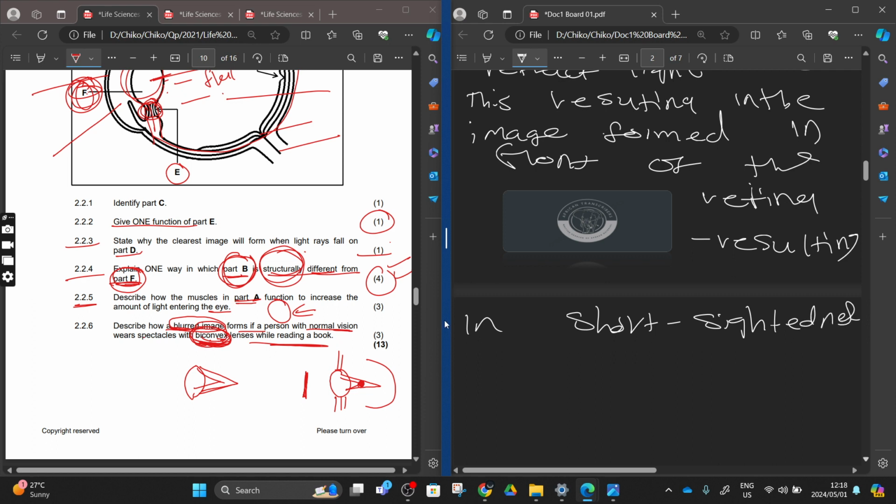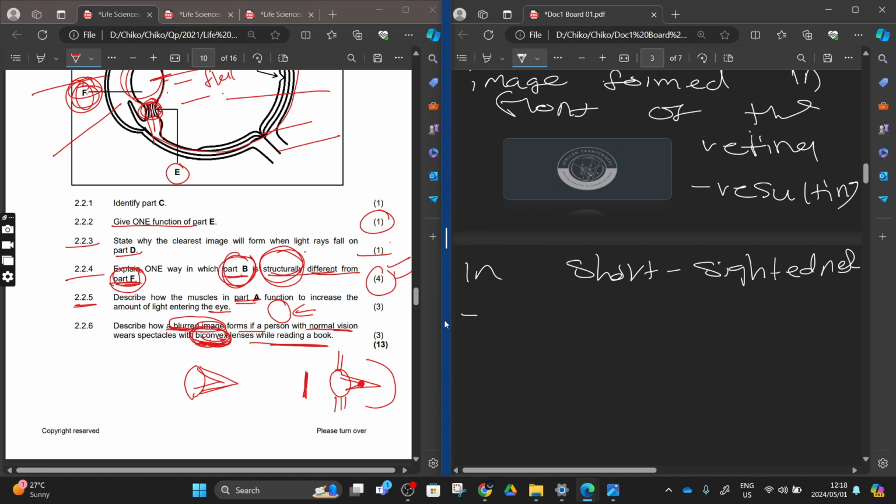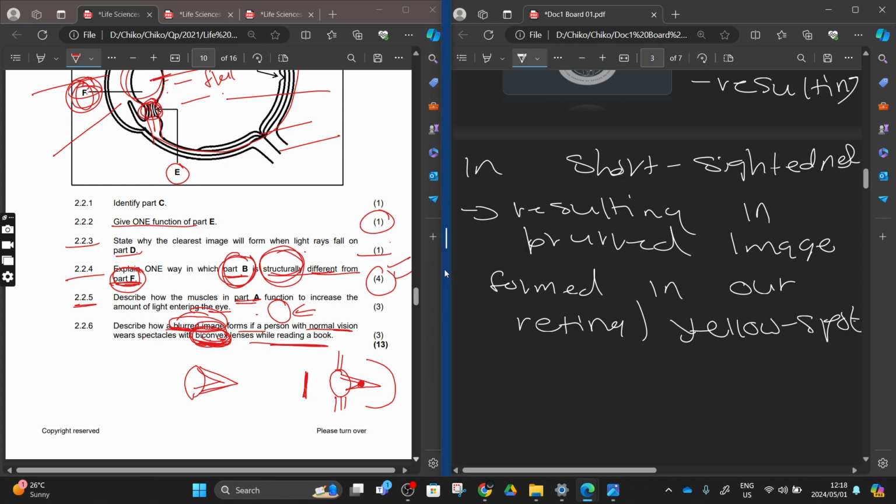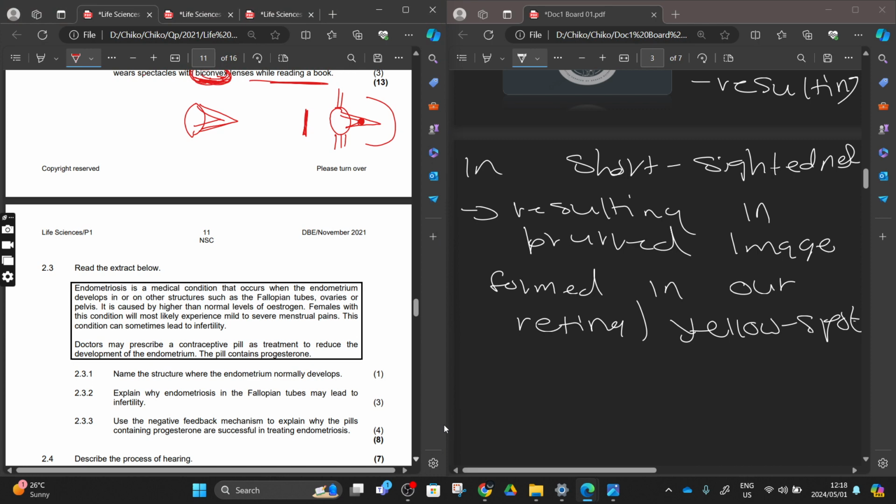So this one will result in a blurred image formed on our retina, or yellow spot. This one describes how the blurred image forms. So we agree, right? This is what we are explaining. This is how you can tackle this question.